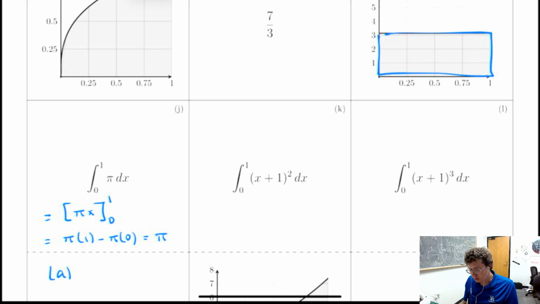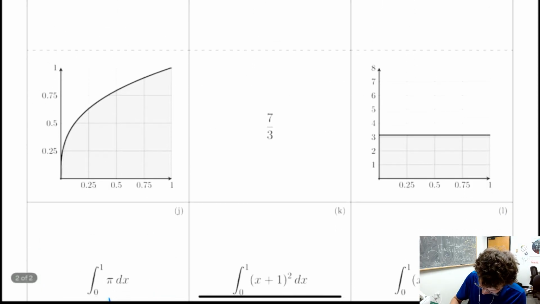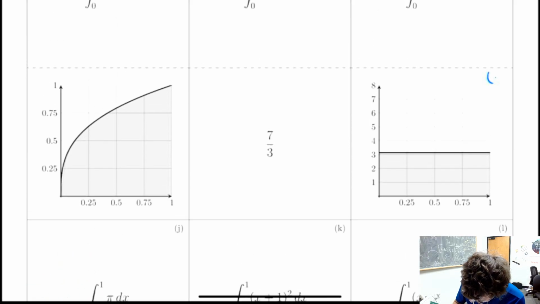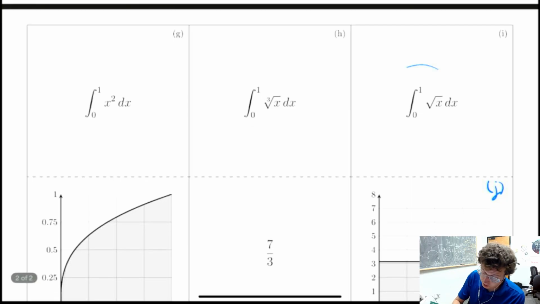The area underneath that curve is just a rectangle, and the rectangle's area is base times height, 1 times pi, which is pi. Okay, so this one matches with J.